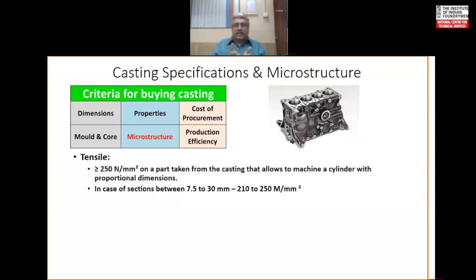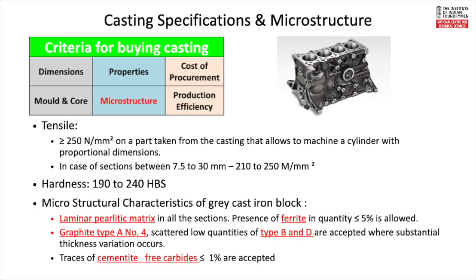Here, the typical specifications were a tensile strength in specific areas of the casting, and then the hardness levels which are required. And to get these properties, what are the microstructural characteristics?